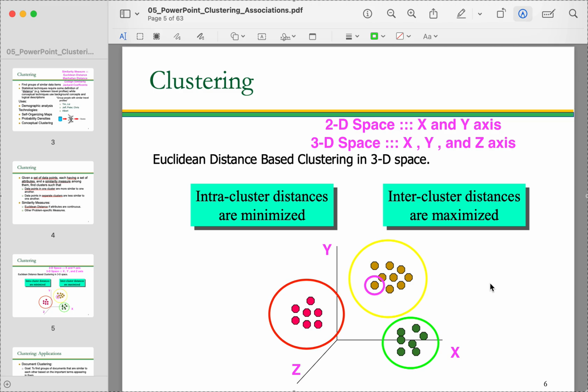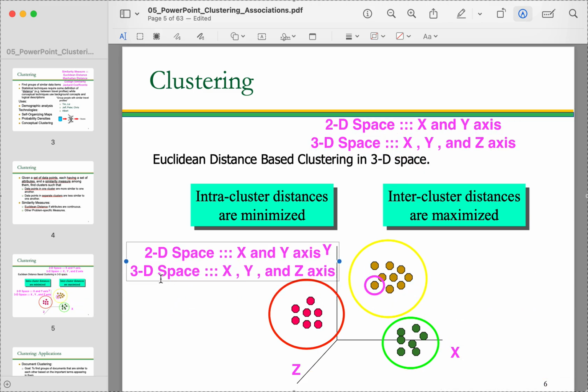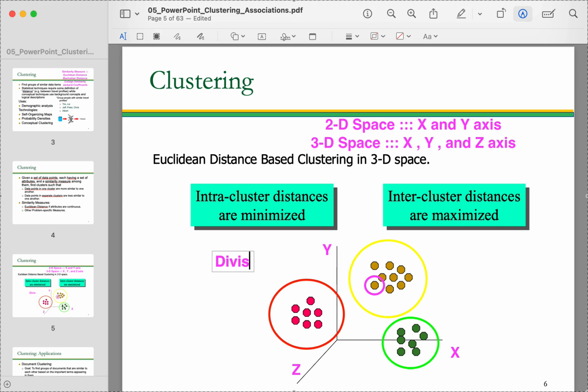Now, this is the case with divisive methods such as k-means clustering, so divisive methods such as k-means create well-separated clusters.